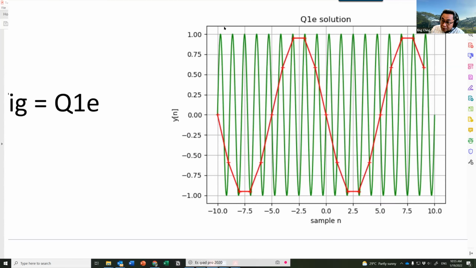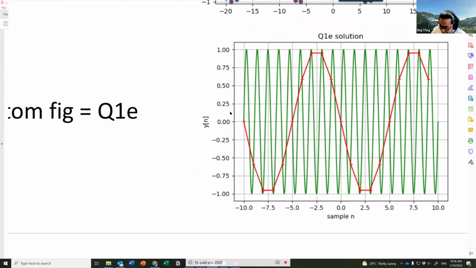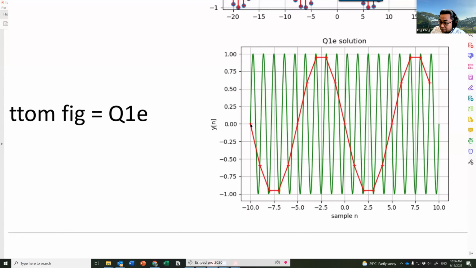That is why you see a curve. Okay, so now I'm going to show you the code. The green guy is the continuous-time signal, and the red guy is the discrete-time signal. Let us see.